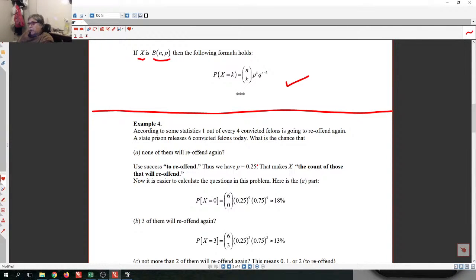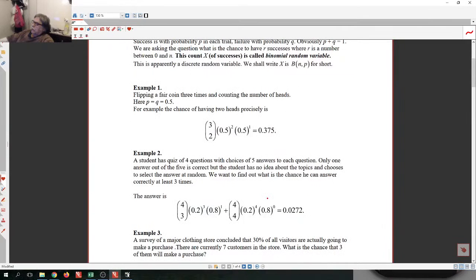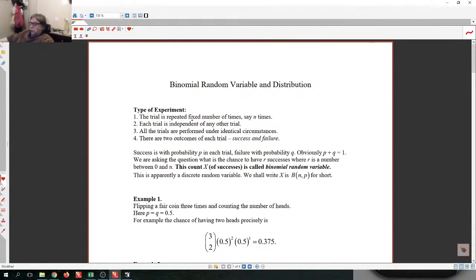So reoffense is a success. You have 6 trials, a fixed number of trials. So you have to go to this list: what is binomial random variable? The trial is repeated a fixed number of times, 6 times, 6 guys. Which one of them will reoffend or not? Each trial is independent of any other trial. That's an assumption that you always have to have if you don't have any better information.